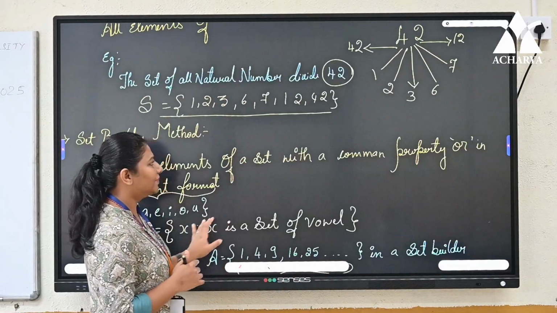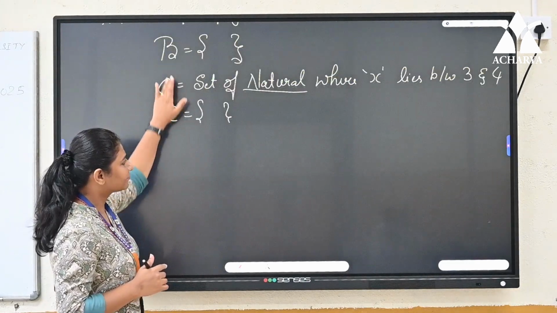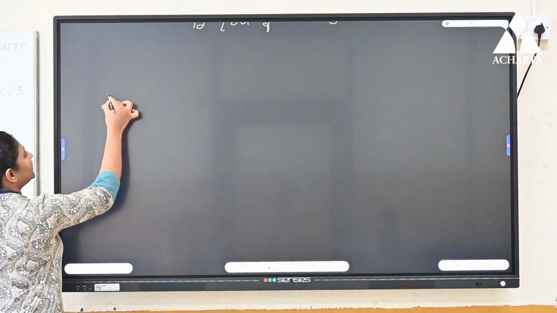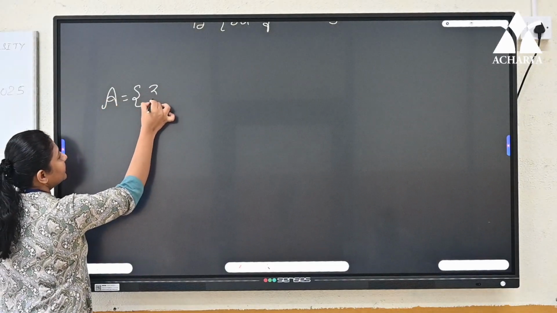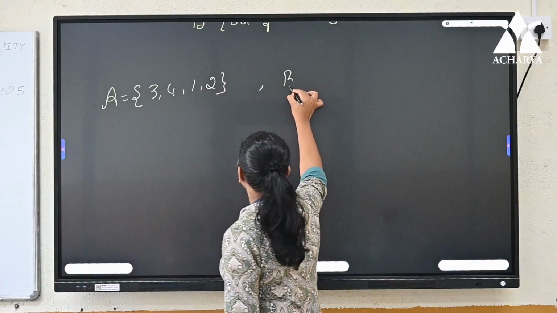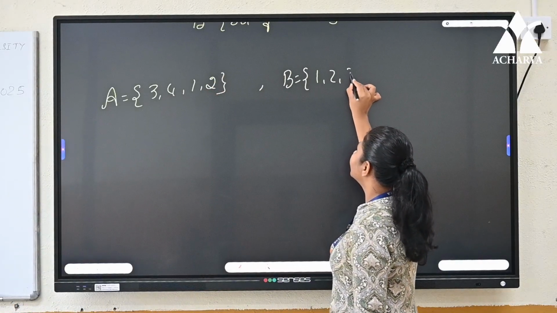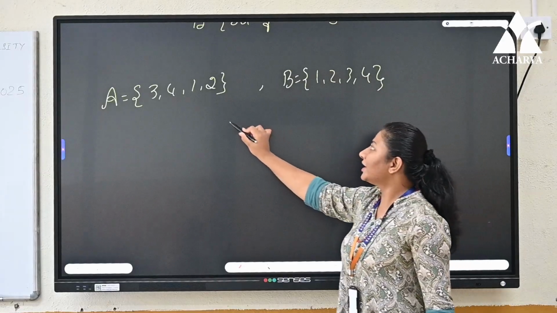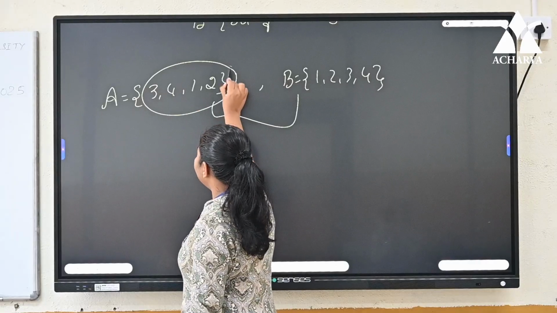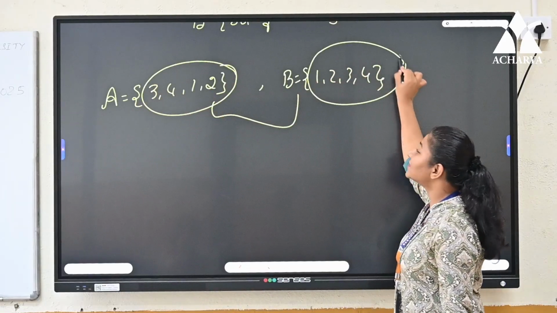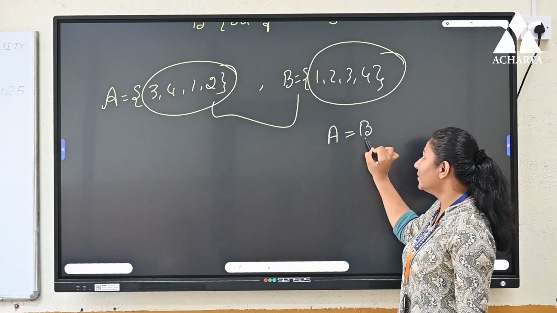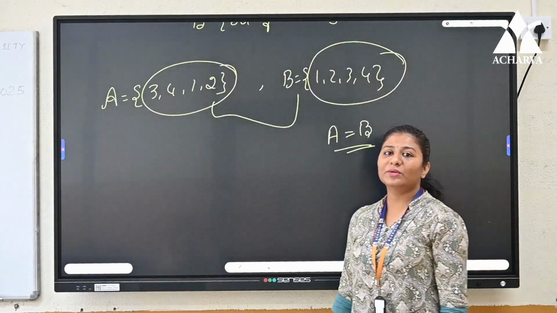Let us take one example: let A be the set {3, 4, 1, 2}, and B is the set containing 1, 2, 3 and 4. Then how can you say these both are equal? The same elements should be present in the other set also. Then A is equal to B. This is called an equal set.